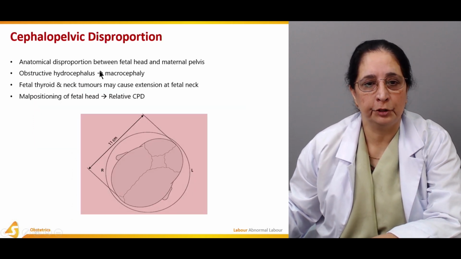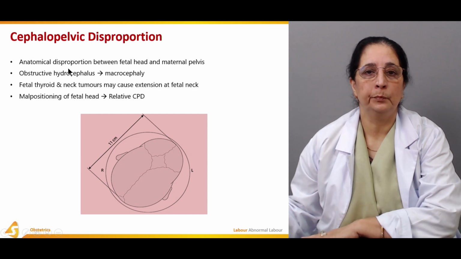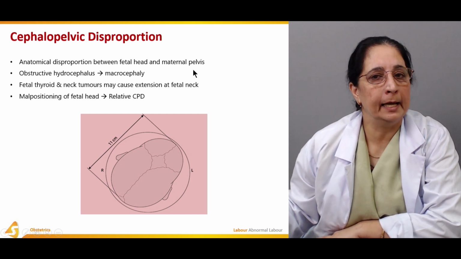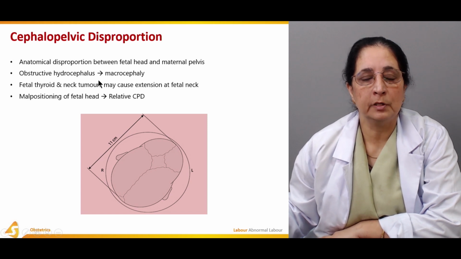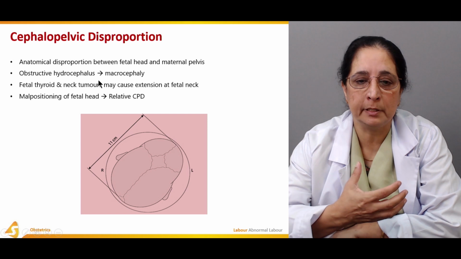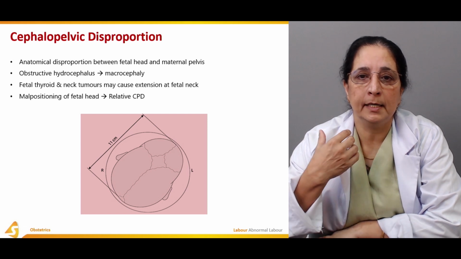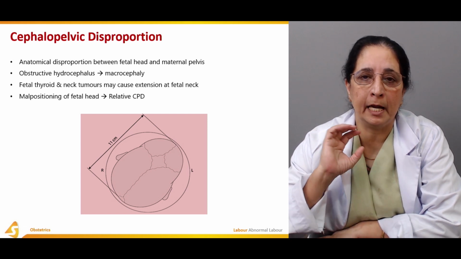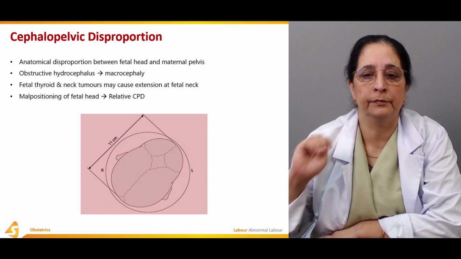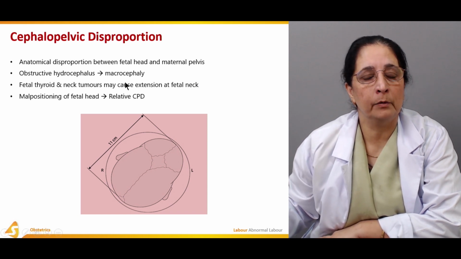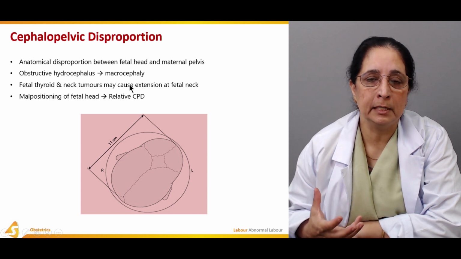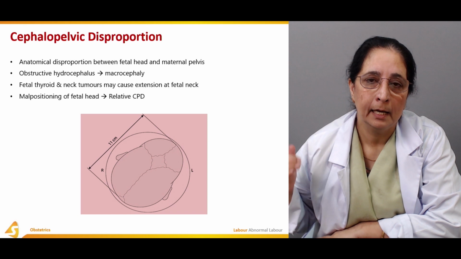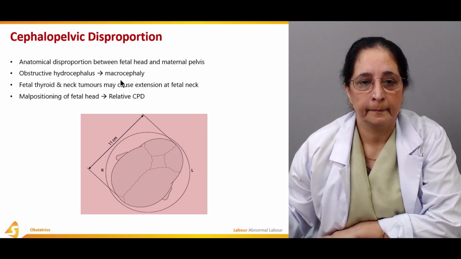Cephalopelvic disproportion is an anatomical disproportion between the fetal head and the maternal pelvis. Obstructive hydrocephalus, in which there is enlargement of the head because of accumulation of fluid, or macrocephaly, in which the head is big and has problems coming out.